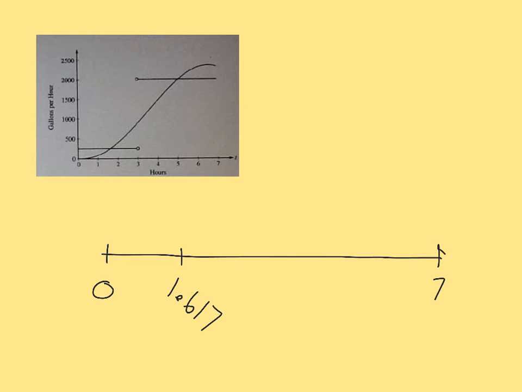So we just said that from 0, I'm going to draw my time interval here. Here's time 0, and we'll make this time 7 hours. We just said from 0 to 1.617, the water level is actually going down. So we'll say the rate at which the water is decreasing.